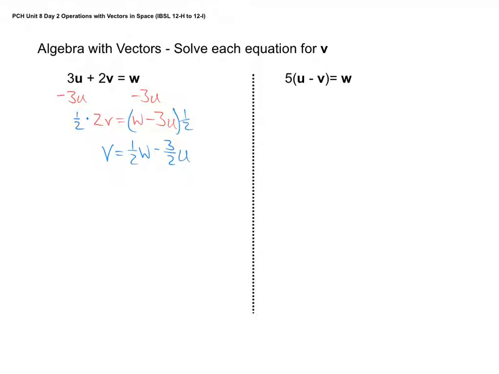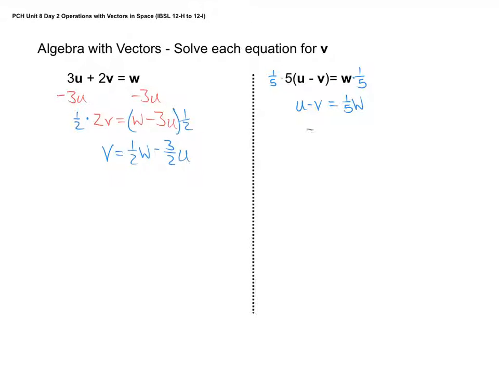This would be the type of thing where we know one vector and we know what we want our result to be, but we don't know what that other vector would have to be. So we can solve for it. Here, similar idea. We'd start by multiplying by 1/5 on both sides. So I'd have u minus v equals 1/5 w.